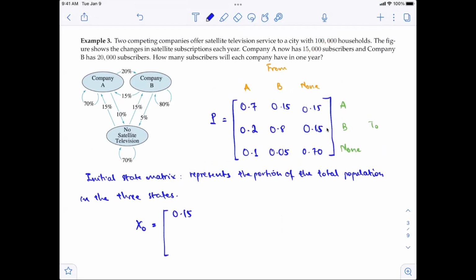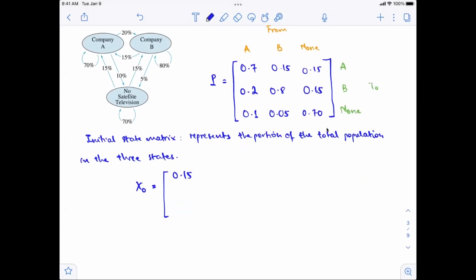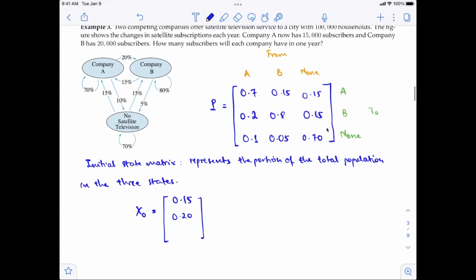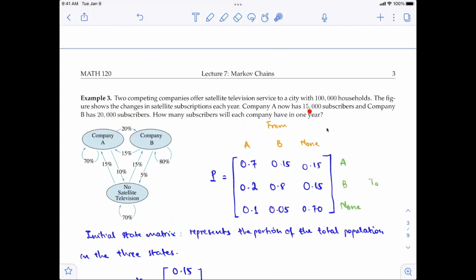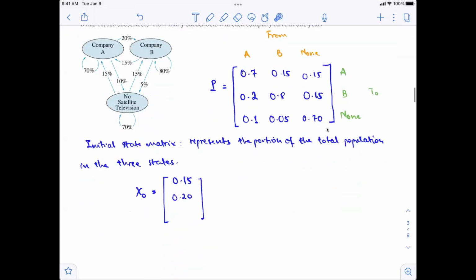Similarly, for company B, you have 20,000 subscribers, and you compare that with 100,000 households. You use 20,000 divided by 100,000, the ratio, and you will get 0.20. And the remaining population, right? You have 100,000 minus 15,000 minus 20,000, which gives you 65,000 households who are not using either company. Therefore, the last state, the none state, is going to be 0.65.